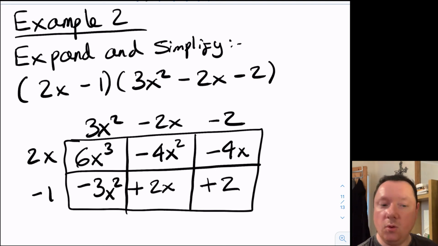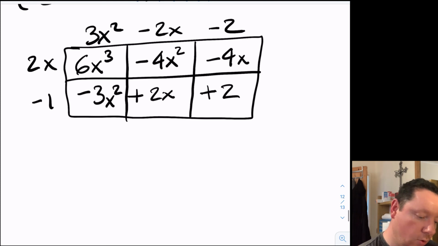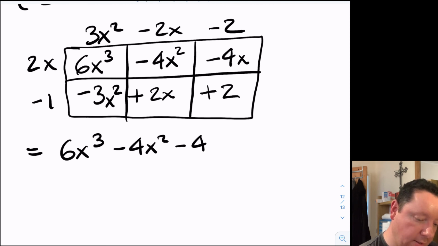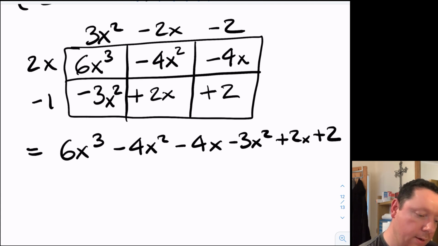Then we add up all our boxes. So that gives me, inside the boxes, 6x cubed, minus 4x squared, minus 4x, minus 3x squared, plus 2x, plus 2. Get my highlighter out so I can simplify it.